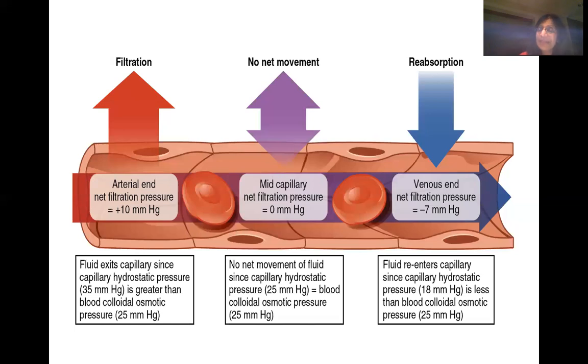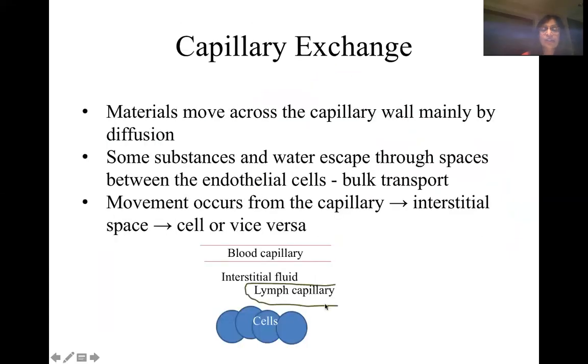Well, there is a mechanism by which the fluid is brought back to the vascular system. This is where we can go back to our illustration here. You see the lymph capillary? Lymph capillary follows blood capillary almost in every part of the body, except in the brain.